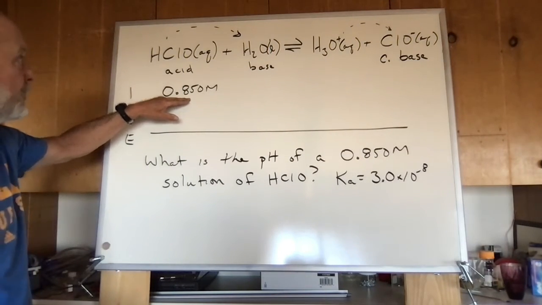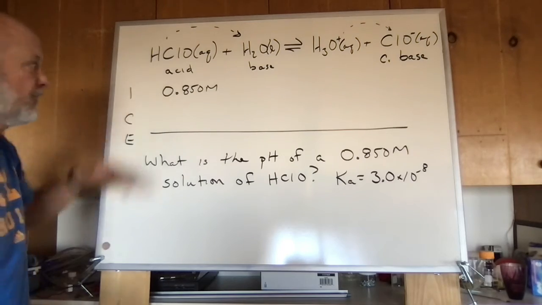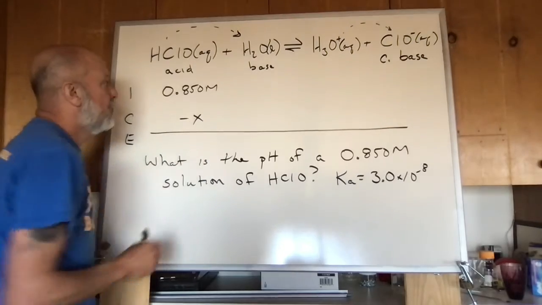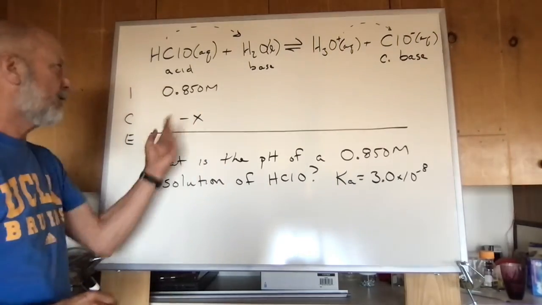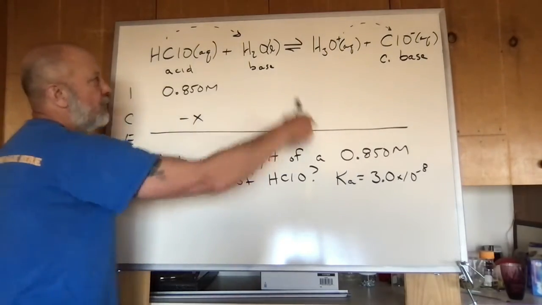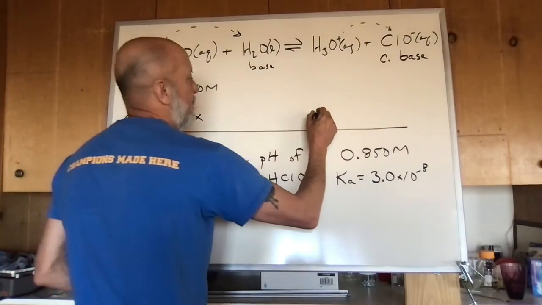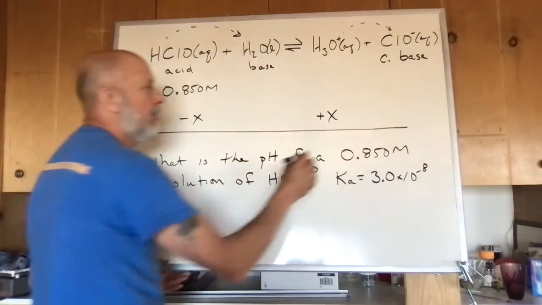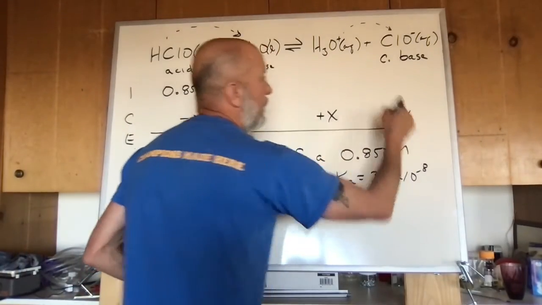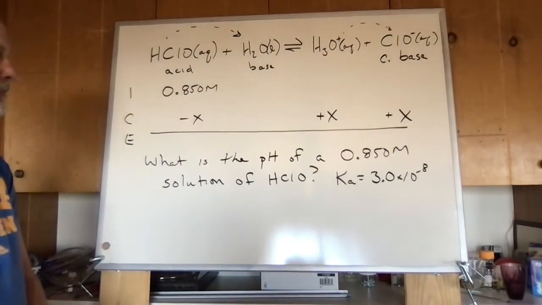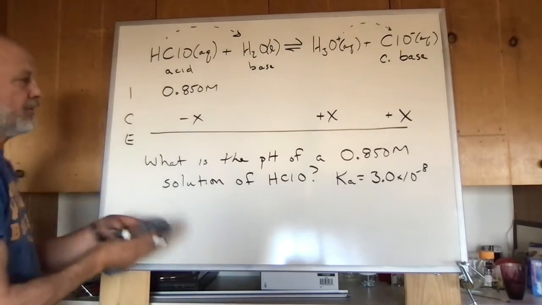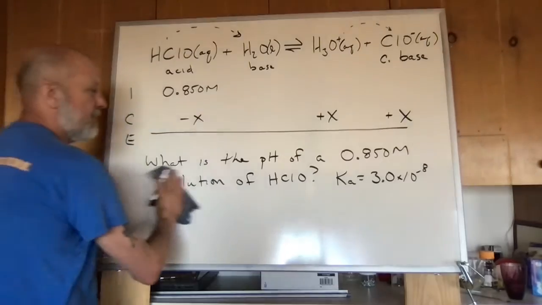Here is my initial concentration. Some amount, I don't know how much, we have to determine that, will dissociate. Let's call it X. When X dissociates, we don't care about the change in water. We will get X amount of hydronium and X amount of the hypochlorite ion. So, let's say I've got my concentration. I'm going to leave Ka.